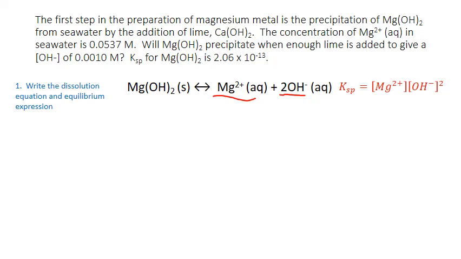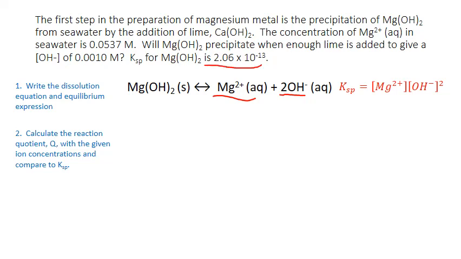Now, in order to do a reaction quotient, all we do is substitute in the concentrations that we have for magnesium and hydroxide in the seawater and see what we get for Q. Then we compare that Q value to our given KSP to determine in which direction equilibrium will shift.